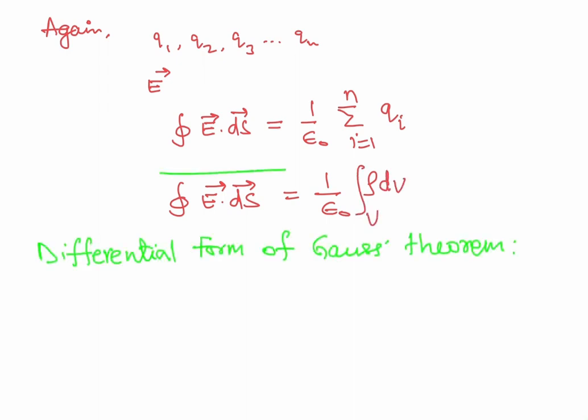For this equation, Gauss's law can be stated as the outward flux of electric field across a closed surface equals 1 by epsilon naught times the net charge contained in the volume enclosed by the surface.